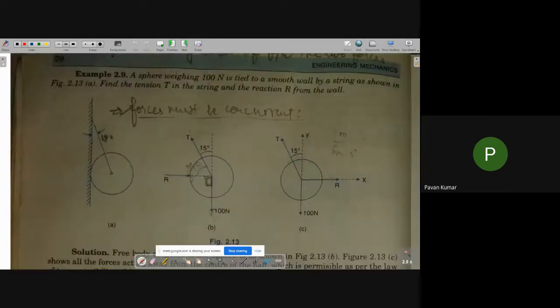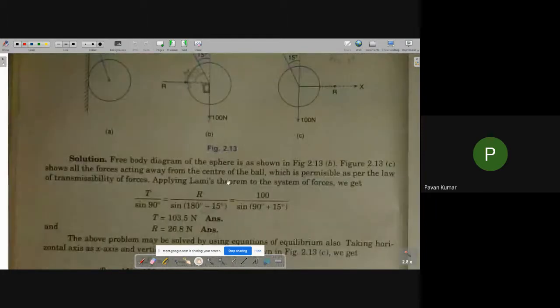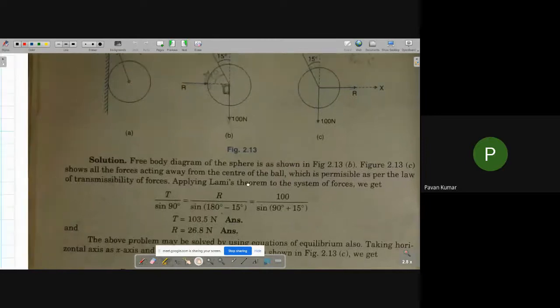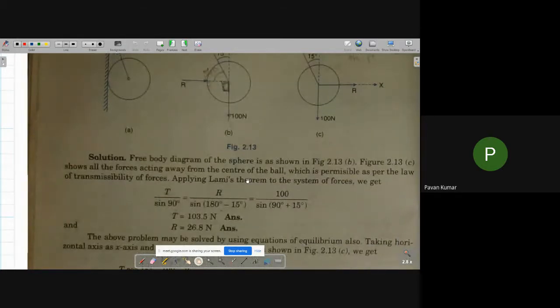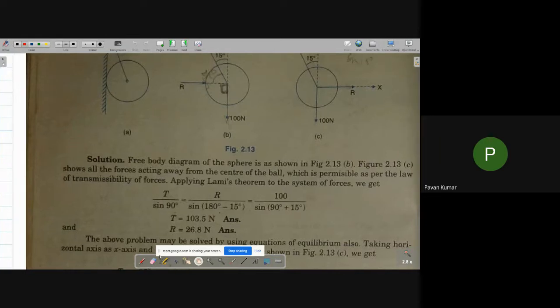Let me check, is it correct? Don't look at this. Here it is written as 180 minus 15 and all.